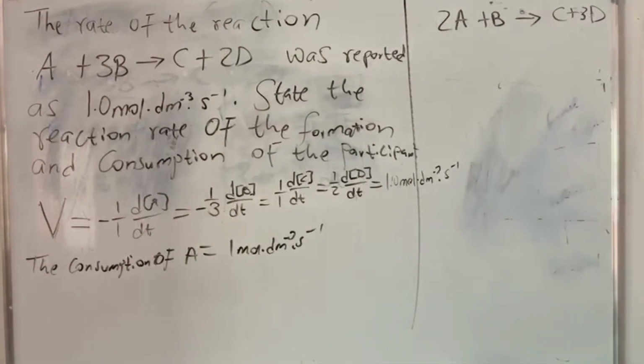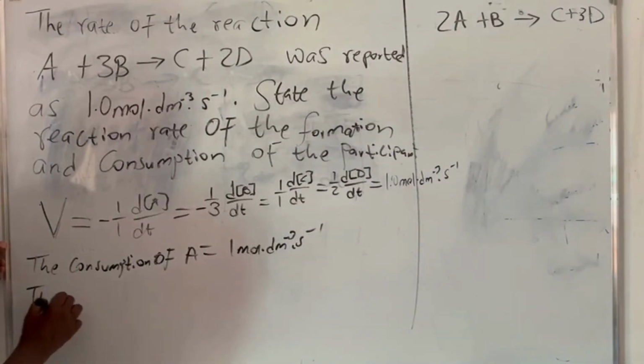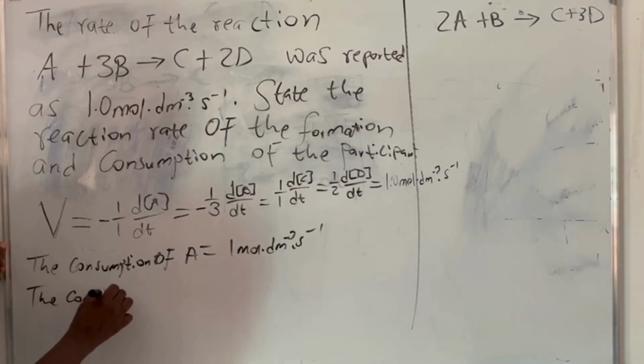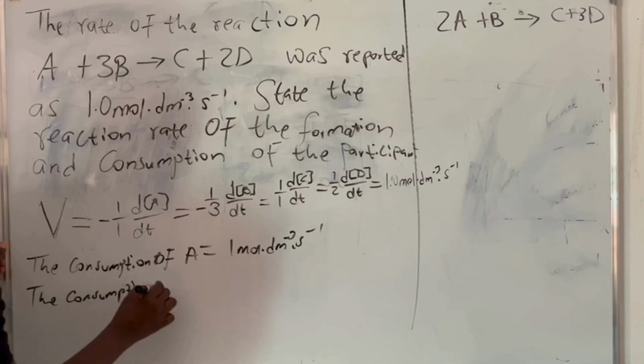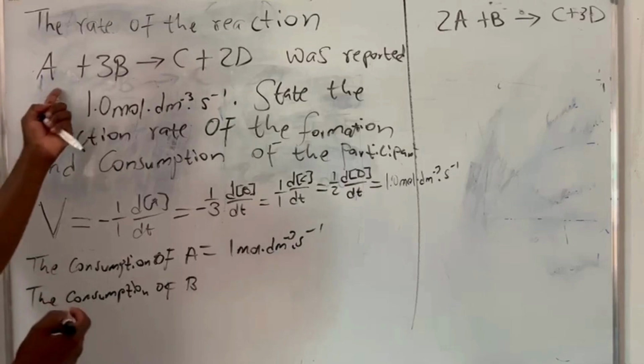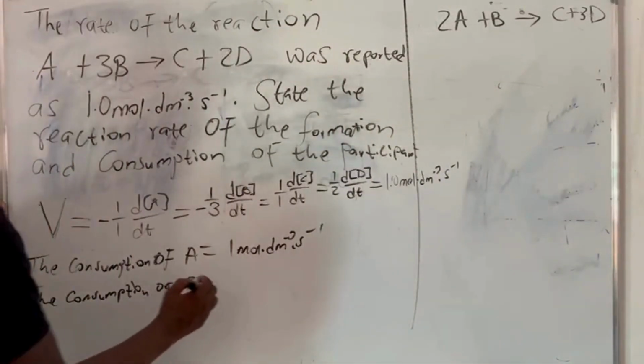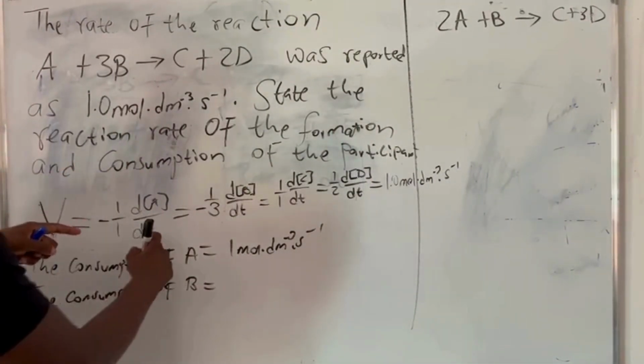So that one is the consumption of A. Now, what about the consumption of B? Remember, B is a consumption because it's from the reactant. The consumption of B will be equal to, let's check it out.